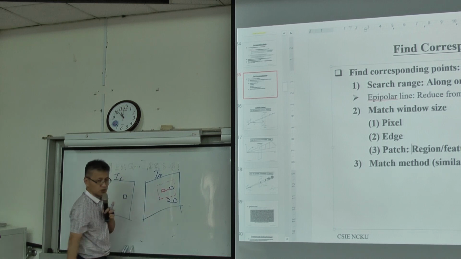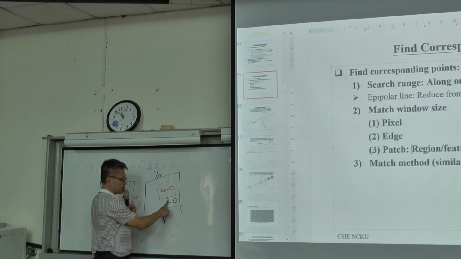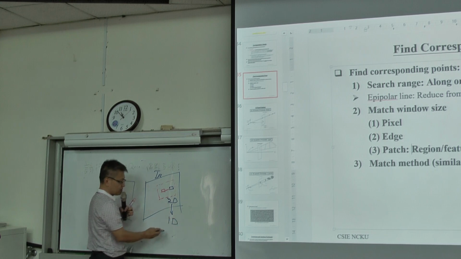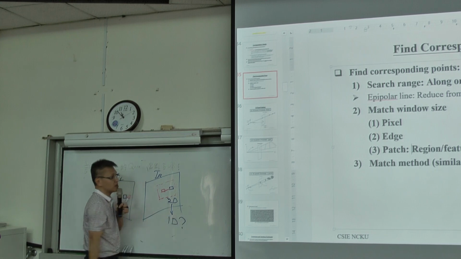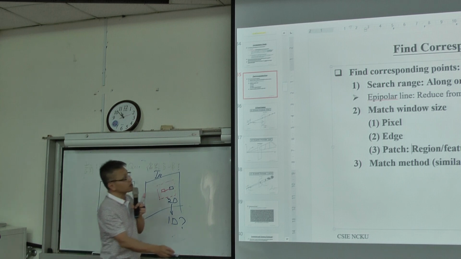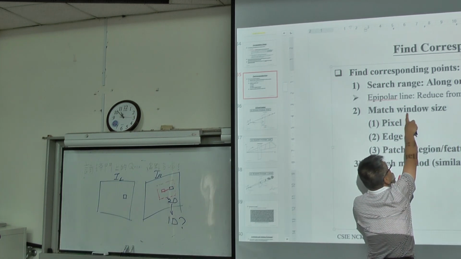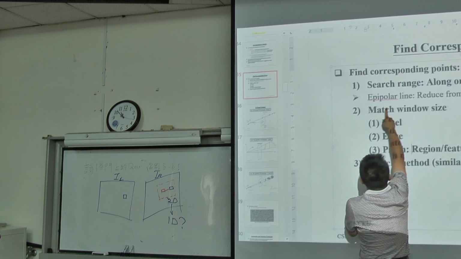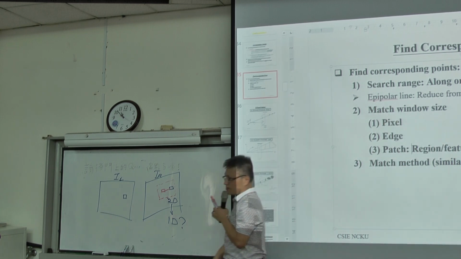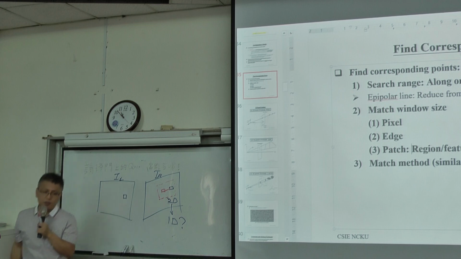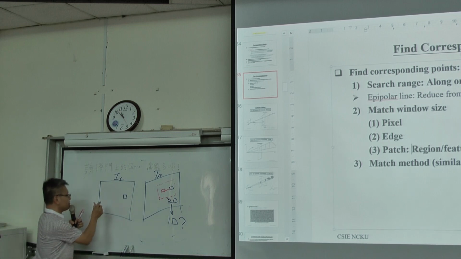Try to find the corresponding point. So can I reduce 2D to be 1D? Can we do that? Yes. If we reduce 2D to 1D, they call it epipolar. That means this line.